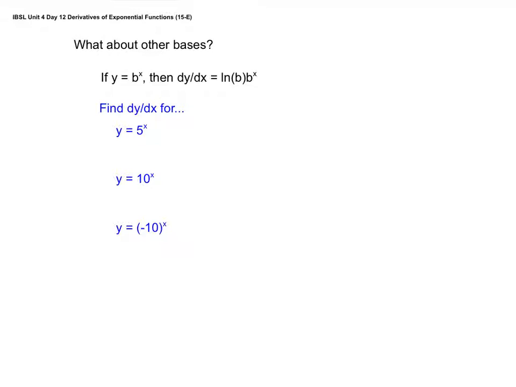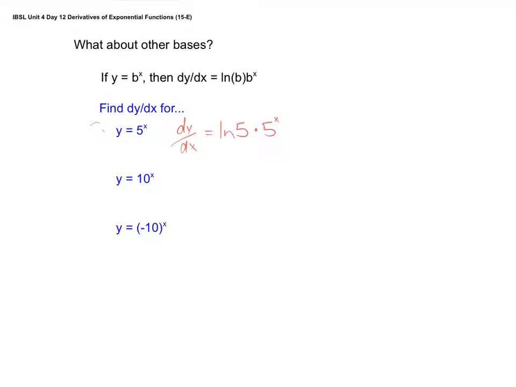So, if I'm going to take the derivative of y equals 5 to the x, the derivative with respect to x is just going to be the natural log of 5 times 5 to the x.